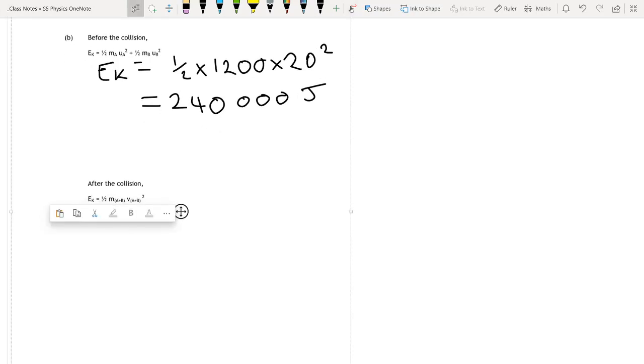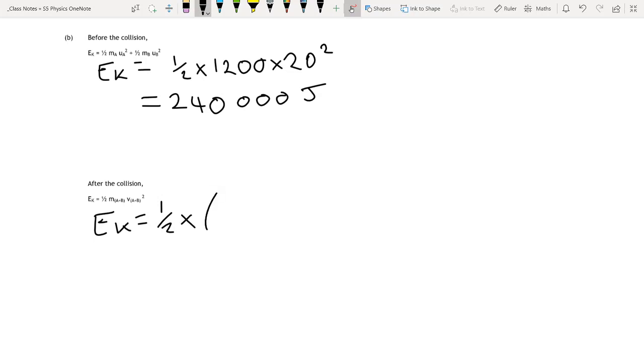And after the collision, we can treat them both as one. So kinetic energy is half times the mass of both of them. So 1,200 plus 800, times by the speed that they both move off at, which is 12 squared.